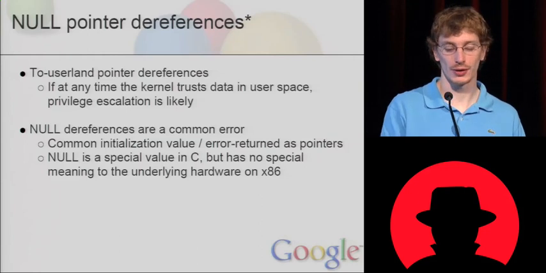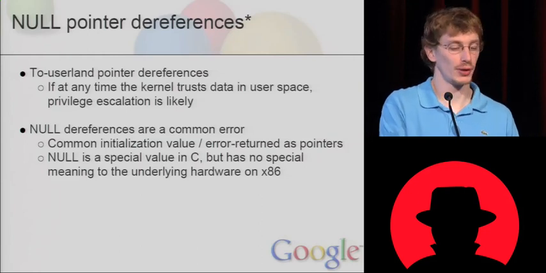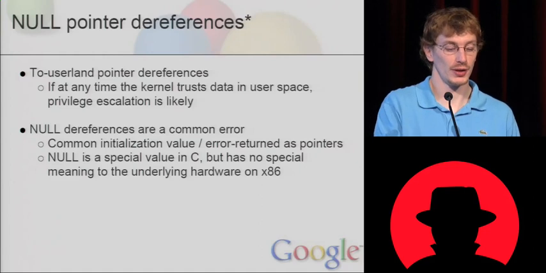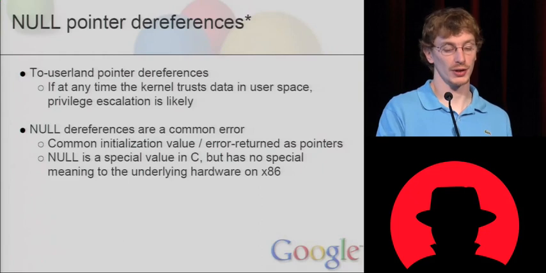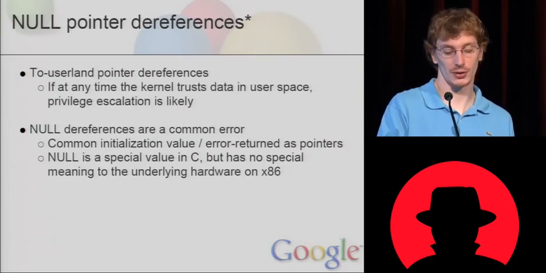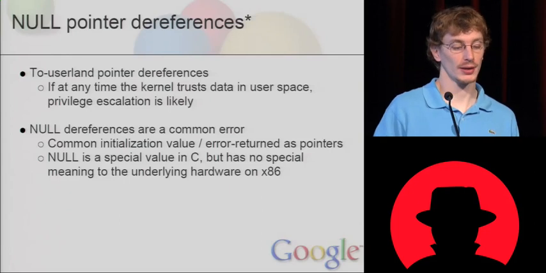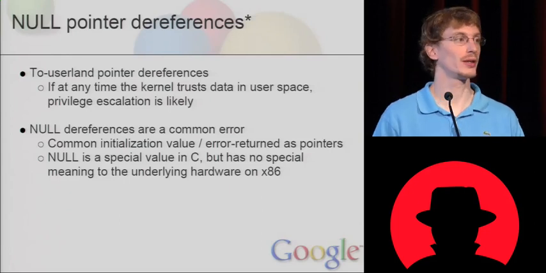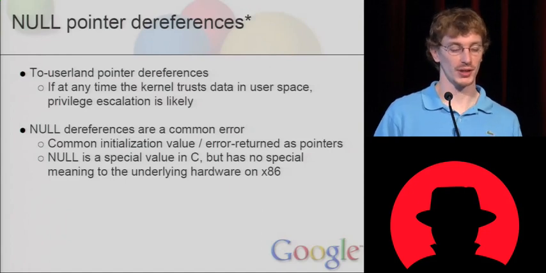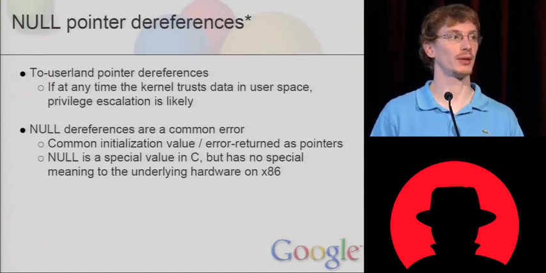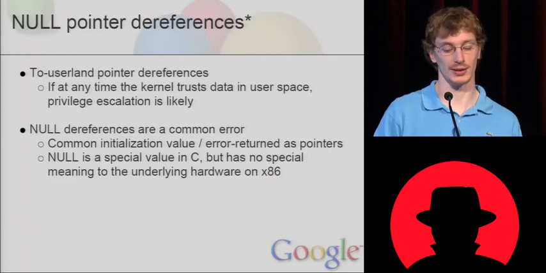The reason most people call this null pointer dereferences is because null is a very common value. Since it's a common initialization value for pointers, it's also a common error code returned as a pointer. And it's a special value in C. So some people just expect it to be special to the underlying hardware, but that's absolutely not the case on x86.